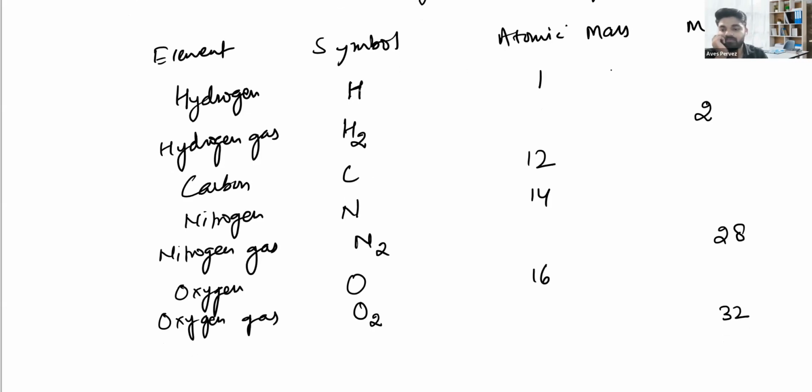The next one is sodium. The symbol is Na, and its atomic mass is 23. Then another is chlorine, that is Cl.